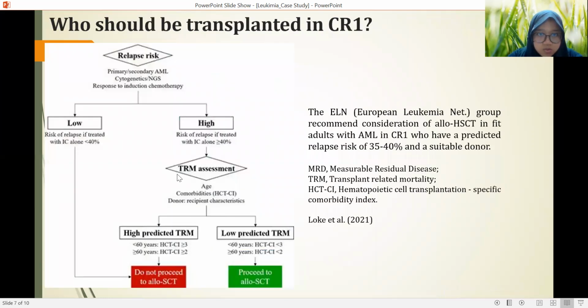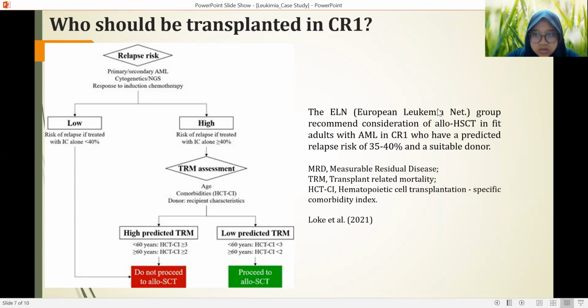So who should be transplanted in CR1? The ELN, or European LeukemiaNet group, recommended consideration of allo-HSCT in fit adults with AML in CR1 who have a predicted relapse risk of 35 to 40% and a suitable donor.